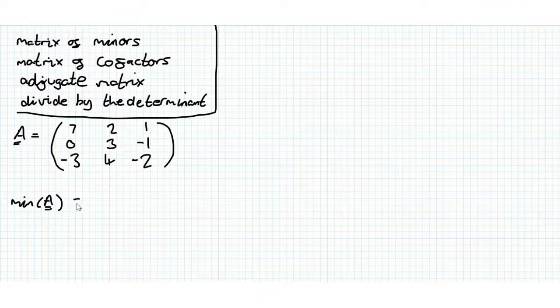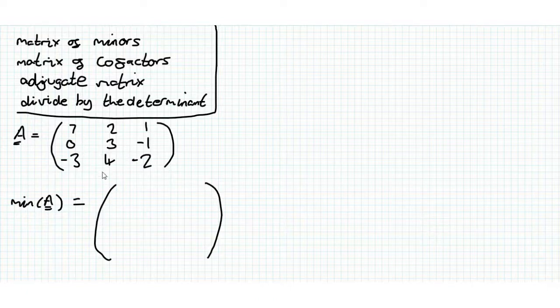And what we do is, so we say we want to find this top left element. We take the top left one here, cross out the row and column that your element is in, and then you find the determinant of what's left over.